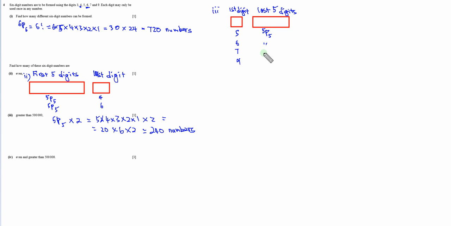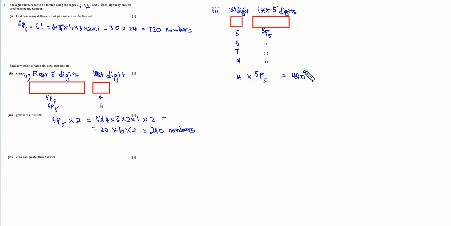It's the same for the front number to be 6, 7, or 9. So here there are 4 choices. So it's 4 times 5P5.